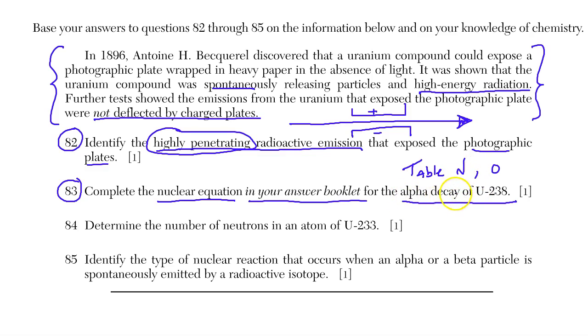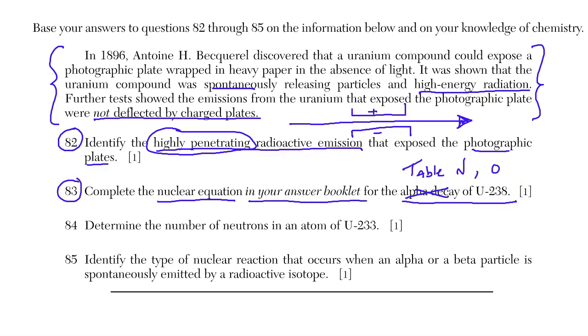Now, they're telling you it's alpha decay, so we don't have to look that up, but they could have said, complete the nuclear equation in your answer booklet for the decay or the natural transmutation of uranium-238, and you'd have to go to table N to see that it undergoes that type of decay. Or they could ask what kind of decay does uranium-238 have, and table N tells you that.